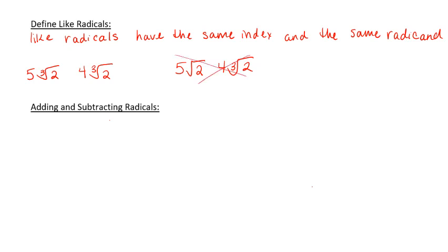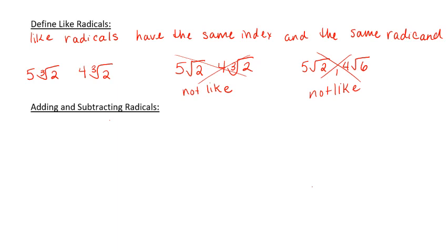And if we had 5 square roots of 2 and 4 square roots of, let's say, any other number, 6, these are not like, because they have different radicands. So those aren't like.